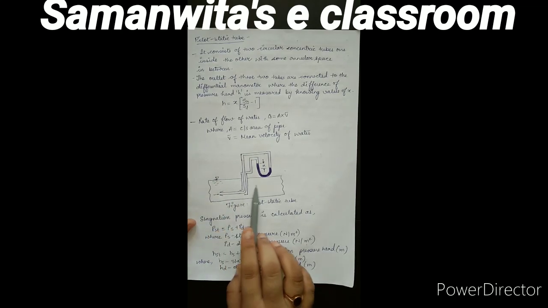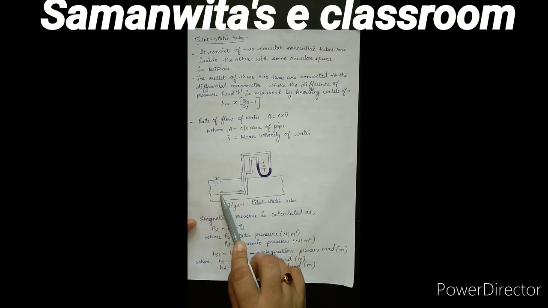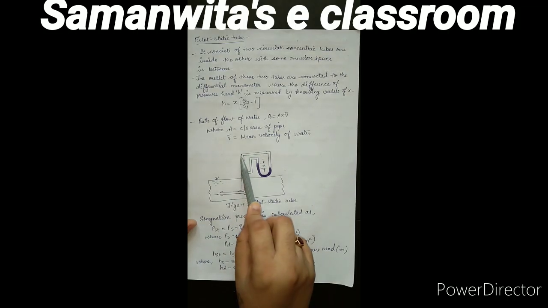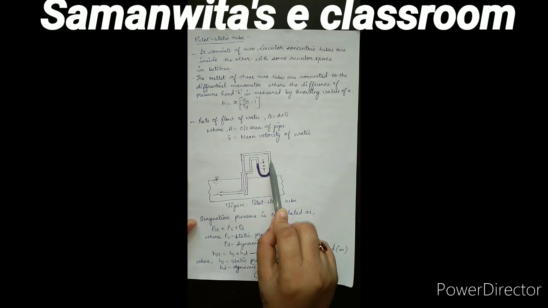When the direction of flow is this way and I have a small tube over here, at this point you will see the same feature which you have seen in the previous diagram. So at this point the velocity will become 0. You will have stagnation pressure over here. The water will rise from this end by the help of stagnation pressure. So this limb of the manometer which is connected will show your stagnation pressure.